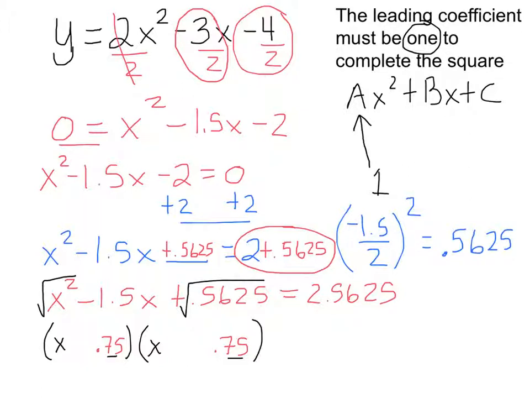So I'm going to put a minus and a minus. Remember, the first sign is what always goes here and here, and now that equals 2.5625. Now remember, x minus 0.75 times x minus 0.75 is the same thing as x minus 0.75 all squared. So let's rewrite it.